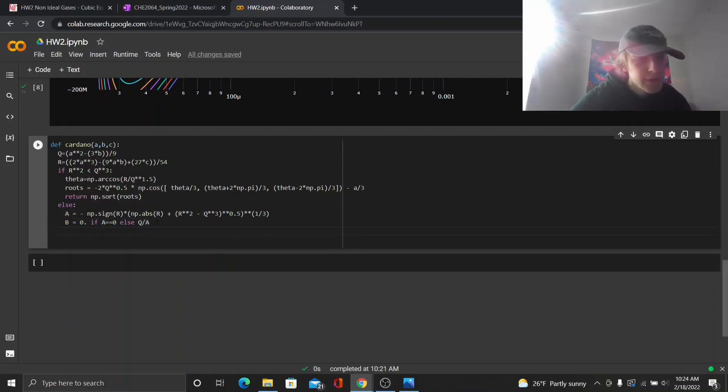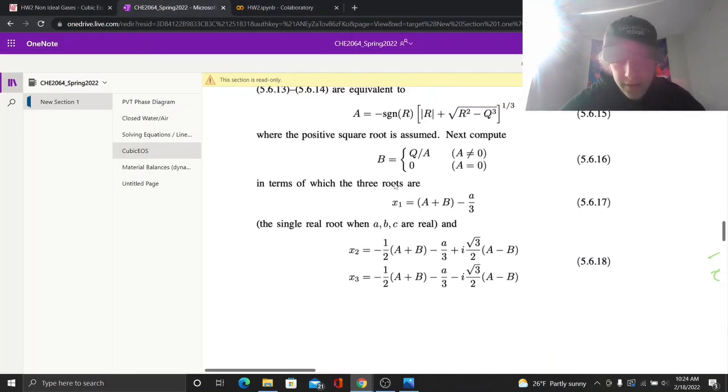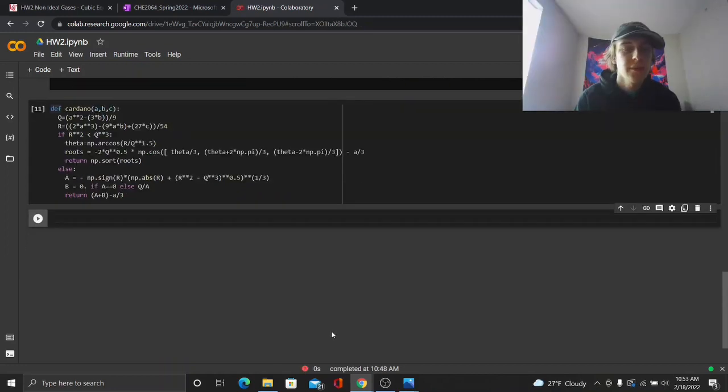And then for this, we are going to want to return our roots, which are A plus B minus a over 3. A plus B minus a over 3. So now we can actually use this to get our volumes.